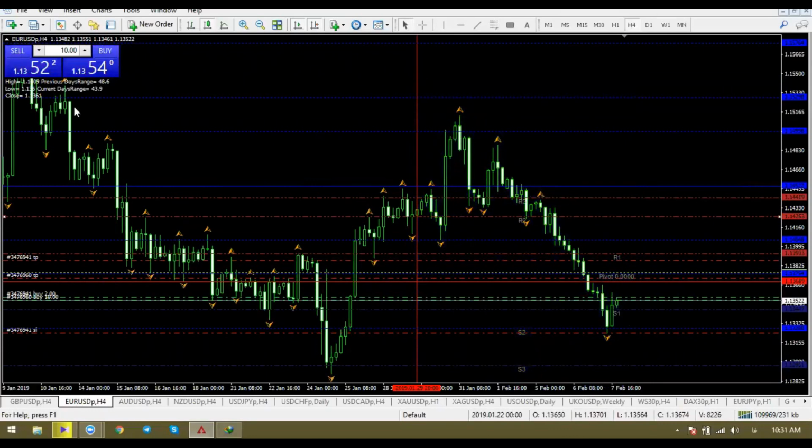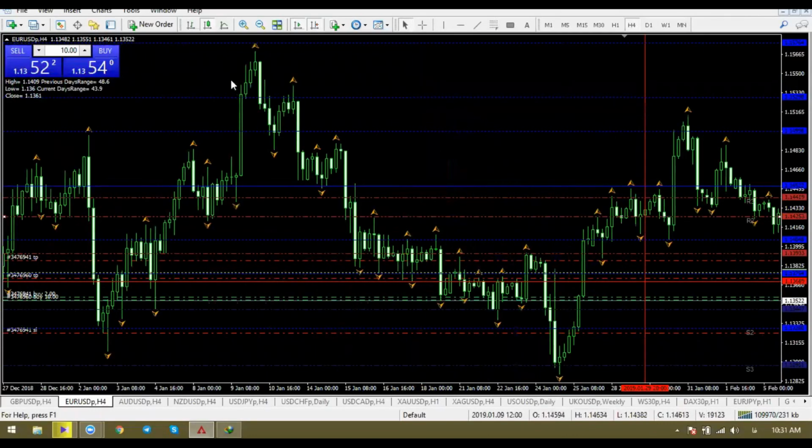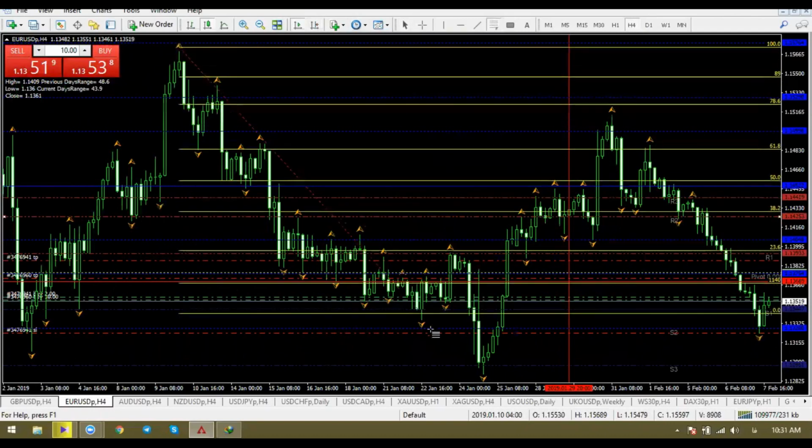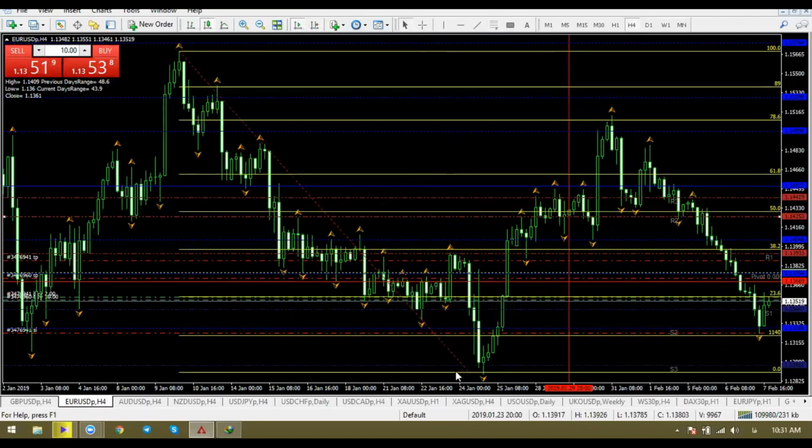So this is your minor Fibonacci. When my trend is downtrend, we draw it from the top to the bottom. When my trend is downtrend and the last high would be here, it would be from top to bottom, for the downtrend.